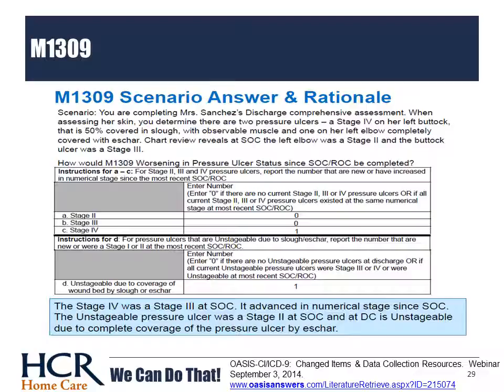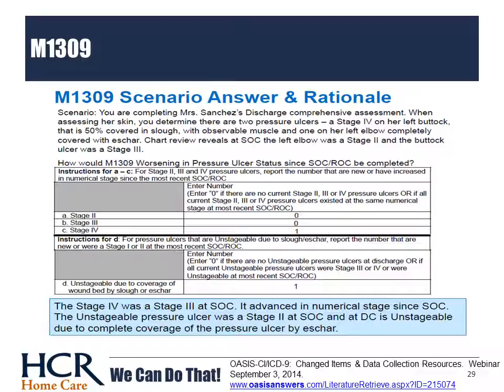Now that buttock ulcer says that at the most recent start of care, it was a stage 3, and now it's a stage 4. So that ulcer has worsened. So on 1309, we would need to indicate that there is presently a stage 4 pressure ulcer that has worsened. So we would put a 1 in that item.